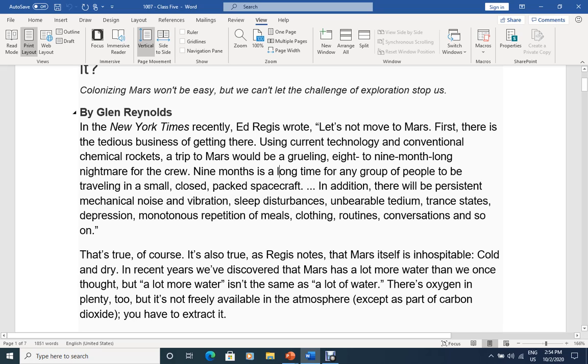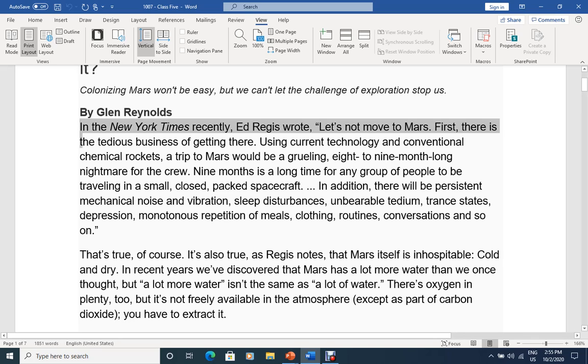So this article is set up as one big counter-argument. He starts off by setting up an opposing author that he disagrees with, and he's going to do that over the first few paragraphs. But then he's going to explain all the reasons why this writer, Ed Regis, is incorrect, so that he can set up and explain his own argument about Mars.